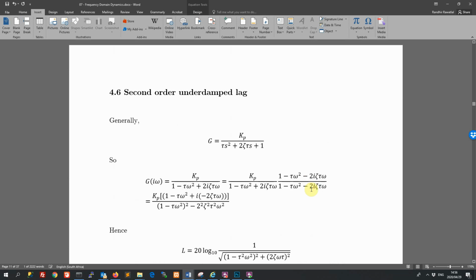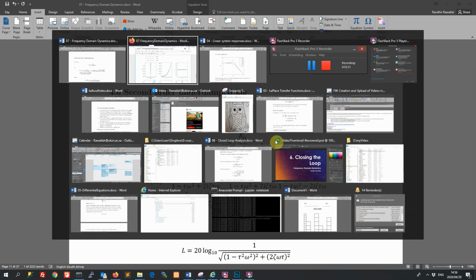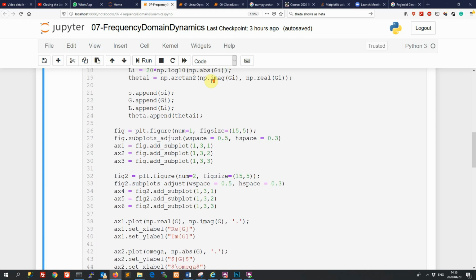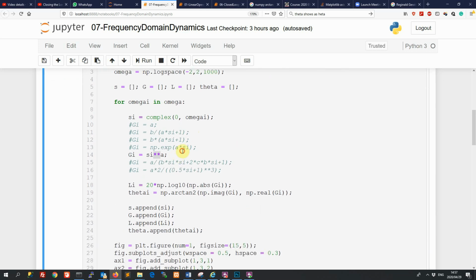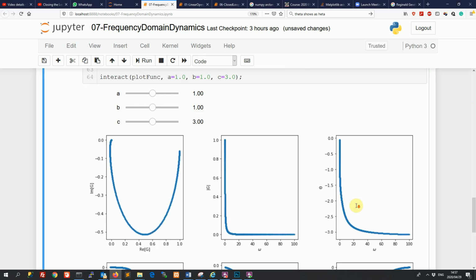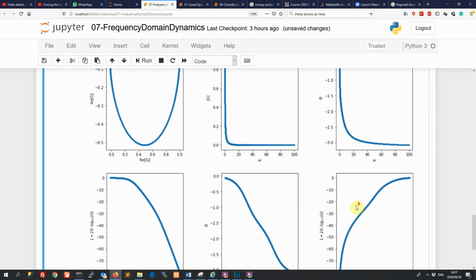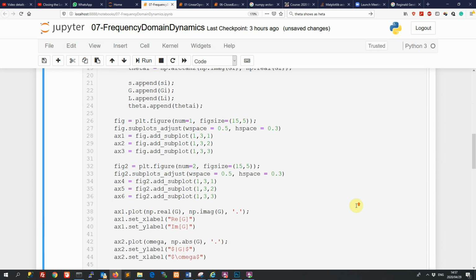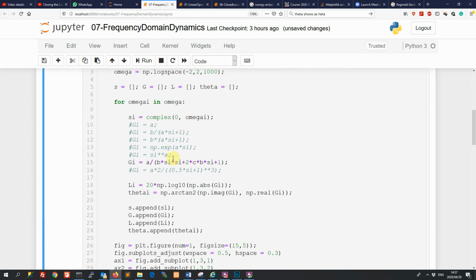Okay, something a bit more interesting now, looking at the second order underdamped lag. Here we have the second order underdamped lag, and it looks like that, but let's look at the way we set it up here. We note here that B is our tau, right?